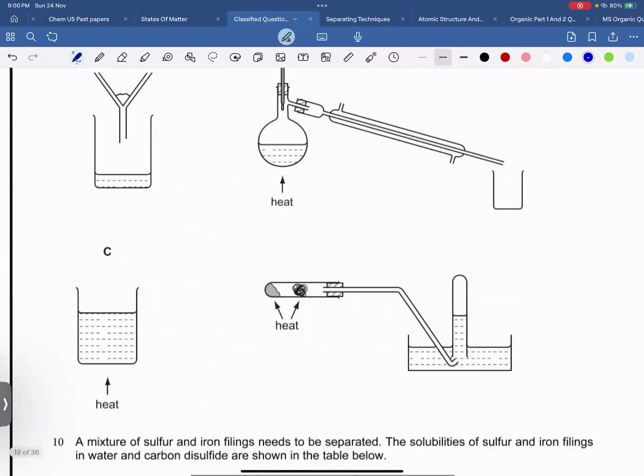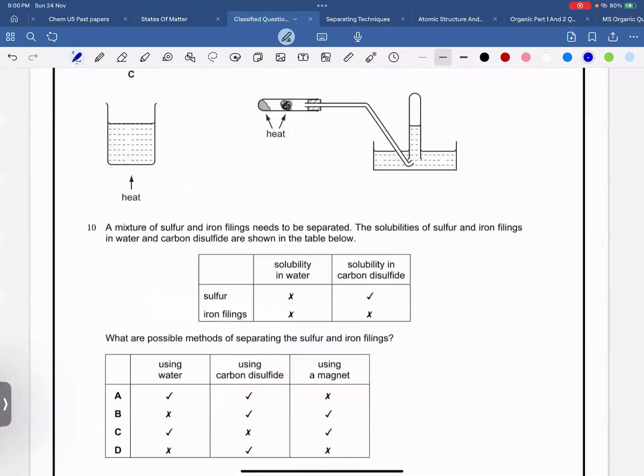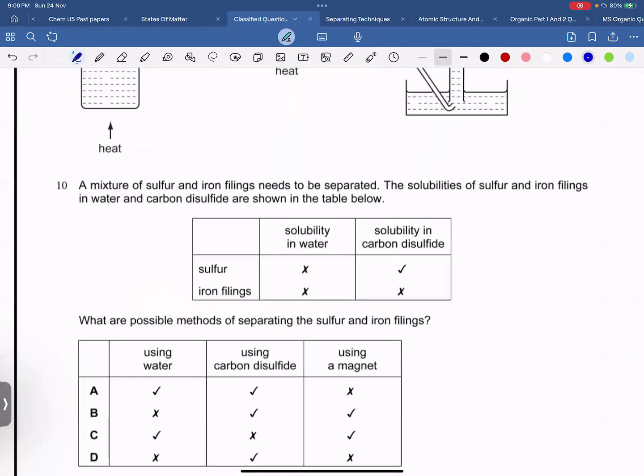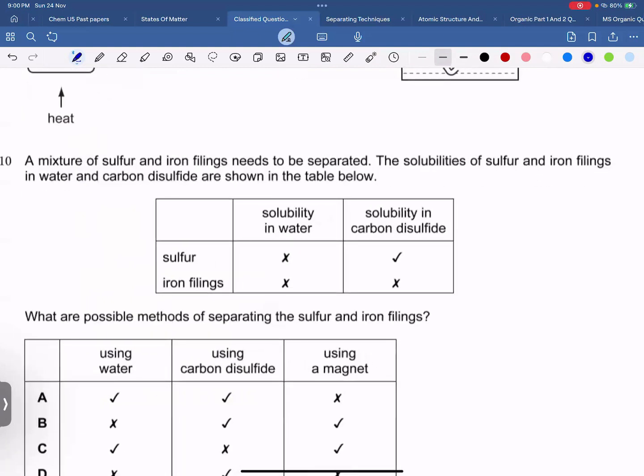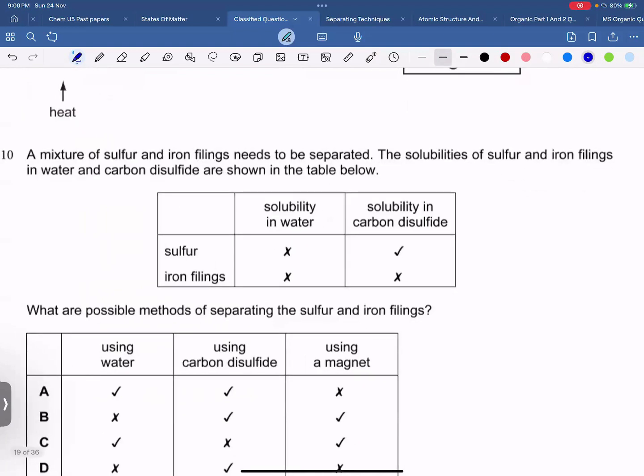And then a mixture of sulfur and iron filings needs to be separated. The solubilities of sulfur and iron filings in water and carbon disulfide are shown in the table below. So sulfur is insoluble in water, and iron filings are insoluble in water. But sulfur dissolves in carbon disulfide, which is another solvent, but iron does not dissolve in water or carbon disulfide.